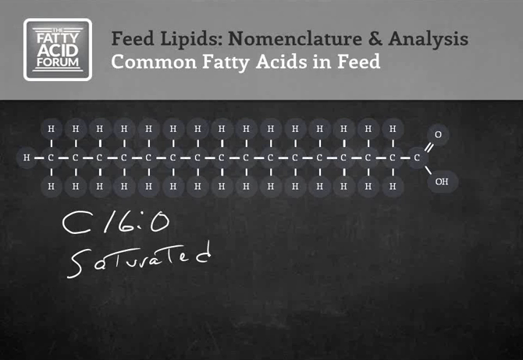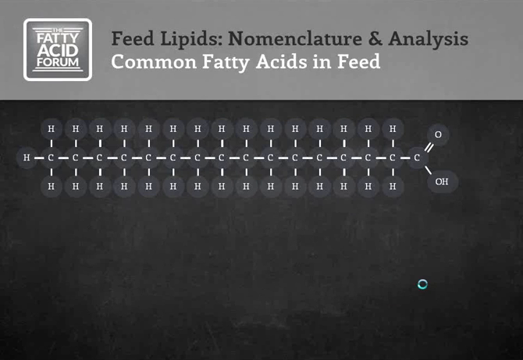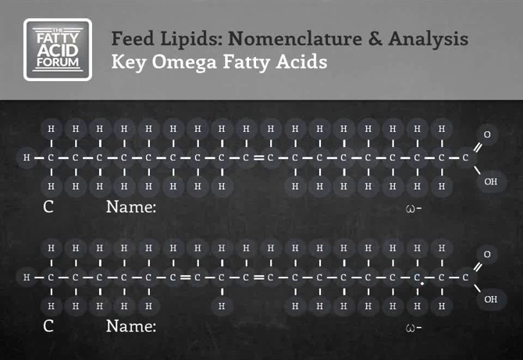It makes it saturated because there are no double bonds holding any of the carbons together. The omega system does not apply because there's no double bonds. Now this common fatty acid found in the feed is worth remembering the name of. It's called palmitic acid. If you lengthen the chain by 2 carbons to a C18:0, which is also saturated, this goes by the common name stearic acid.